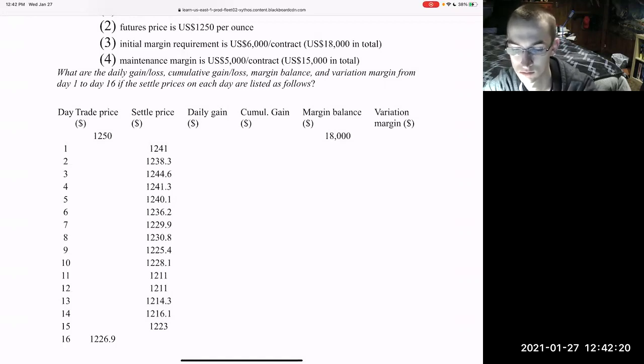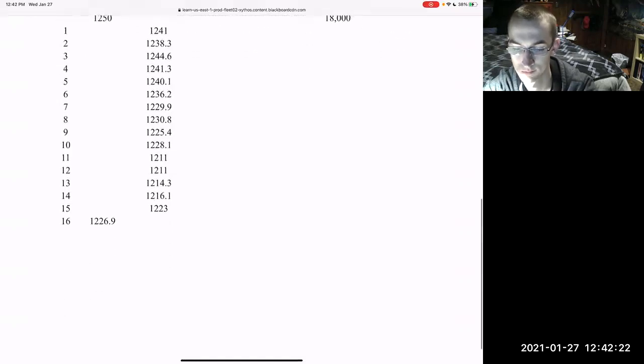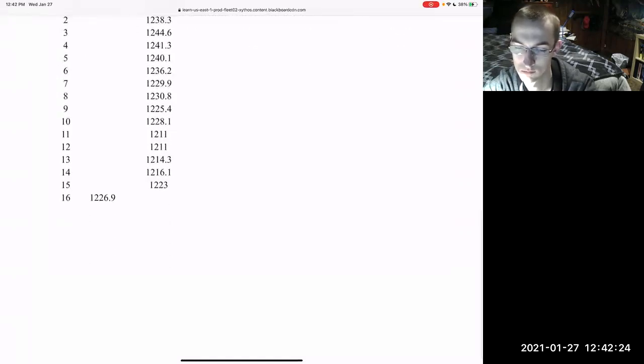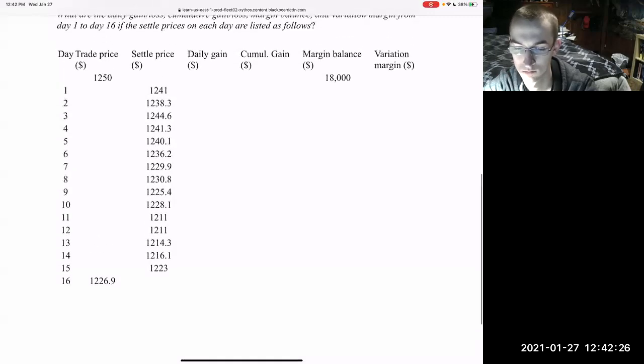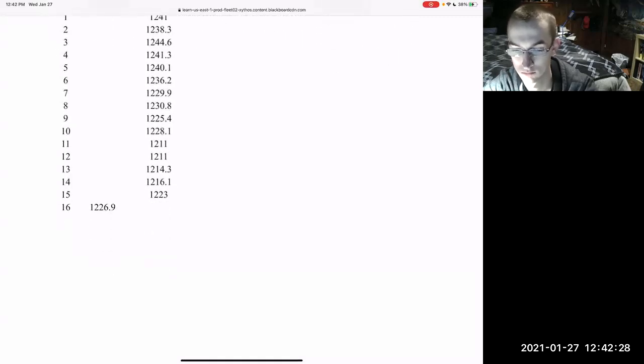Okay, and the last day I would like to talk about this. The last day you have a price, which is the trade price. The trade price basically is the selling. You sell the contract at 1,226.9, and the previous day's ending price is 1,223. So the difference between this is what? It's positive, right?